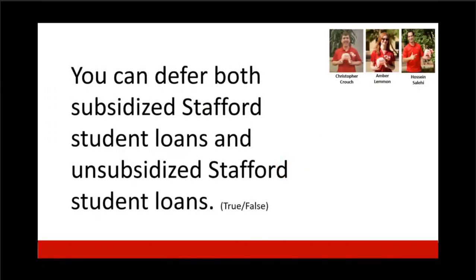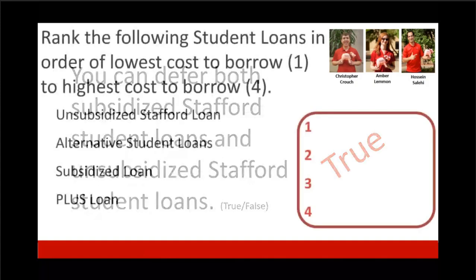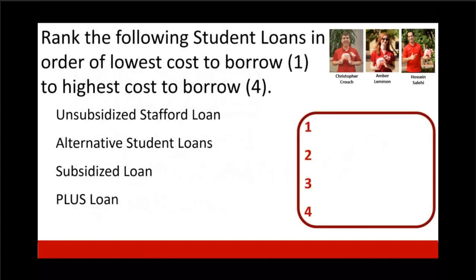Okay, what about this one? You can defer both subsidized Stafford student loans and unsubsidized. True or false? You want to think of these two. They're very similar. So you can actually defer both of those. What about this one? Rank the following student loans in order of lowest cost to borrow to highest cost.